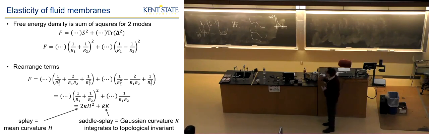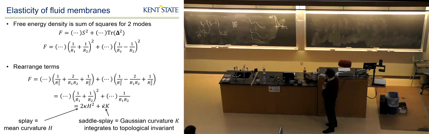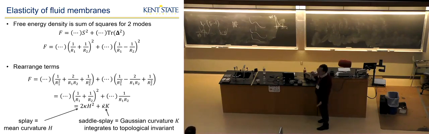So if you are the kind of person who likes to neglect this term, you might also want to neglect that term. And if you're the kind of person who wants to think about this, then you might want to think about this also.